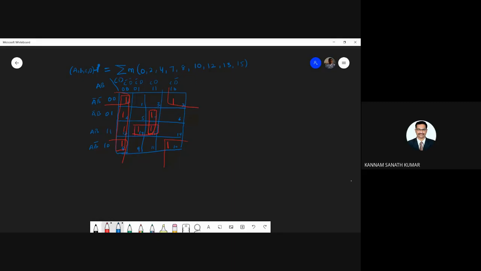Now you want to write the expression. So here, this is nothing but C bar D bar. And if you see this one vertically, what are the common terms? B bar is common, and here D bar, B bar and D bar.